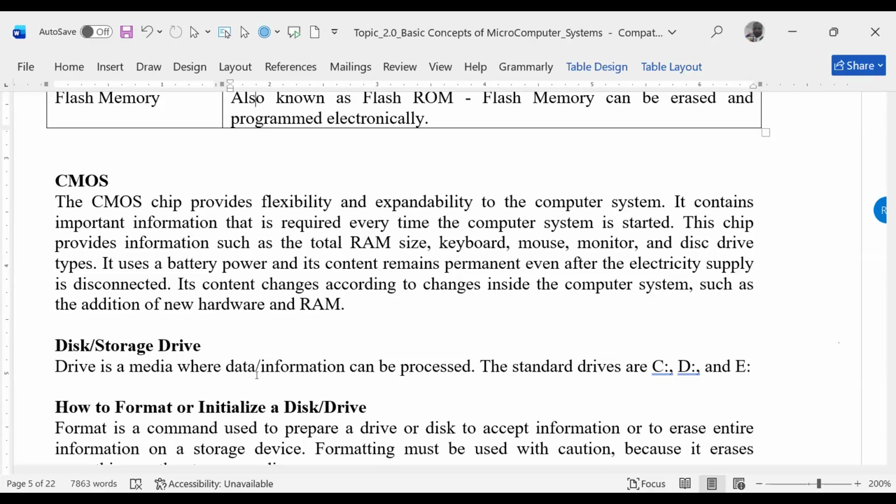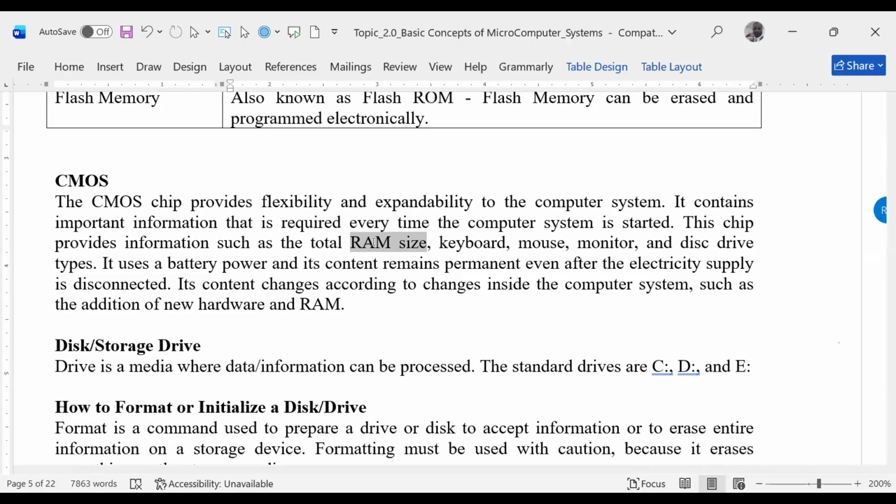Any device connected to your computer system, its details are determined by the CMOS. So for example, if you want to know the RAM size of your computer, it is the CMOS that will tell you. If you want to know the type of keyboard, mouse, or printer you are using, it is the CMOS.